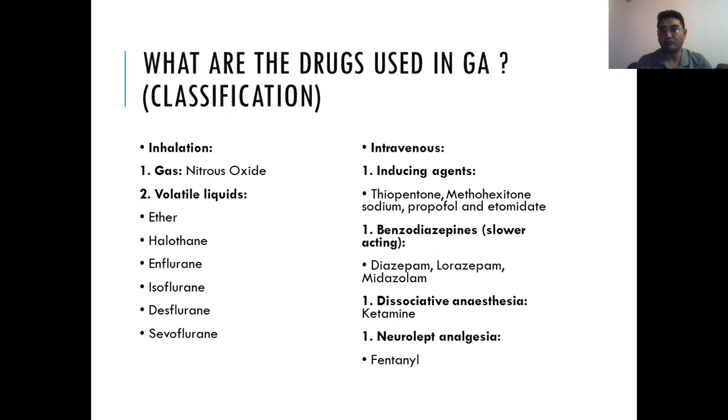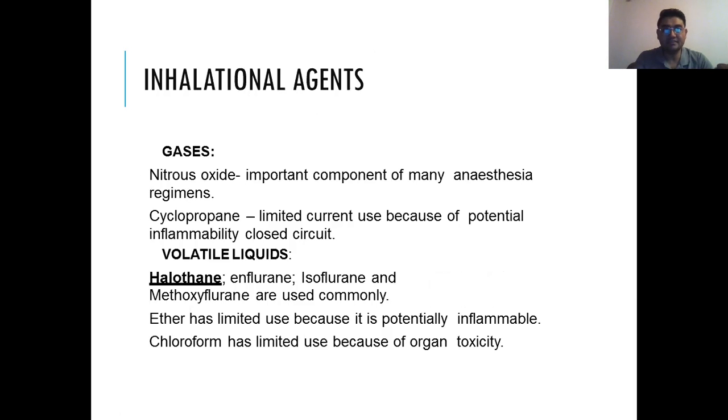For pain, we administer fentanyl or pentazocine. For amnesia or sleep, we administer diazepam, midazolam, or lorazepam. And for loss of consciousness, we administer intravenous anesthetics like propofol, thiopentan, and ketamine.